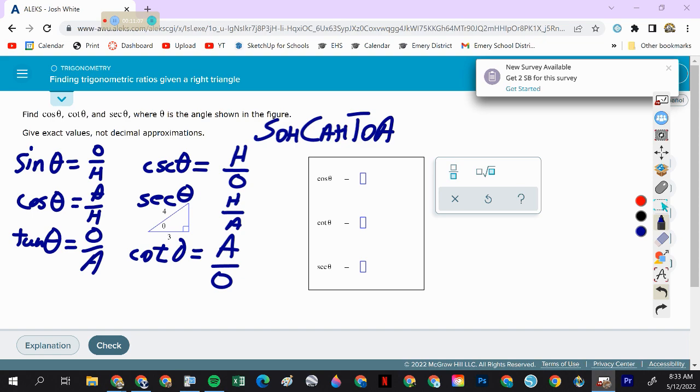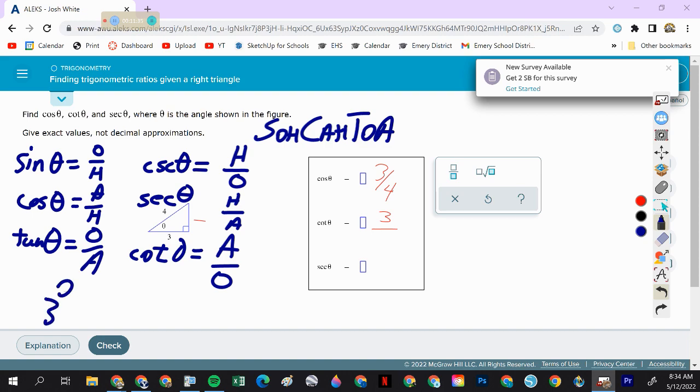All right. So I need to know the cosine of theta. So here's theta. Cosine is going to be 3 over 4. The cotangent of theta is going to be 3 over something. How do I find that number? Pythagorean theorem.